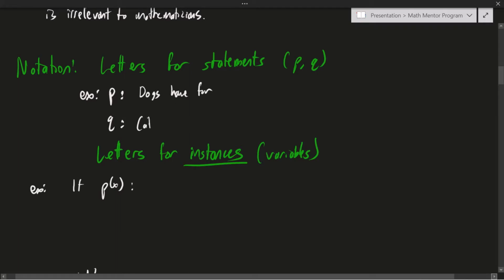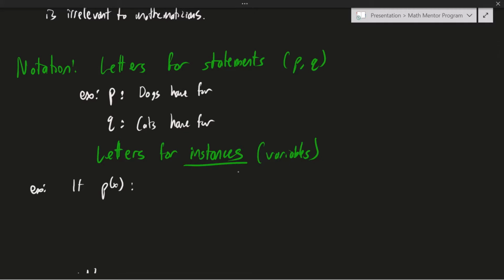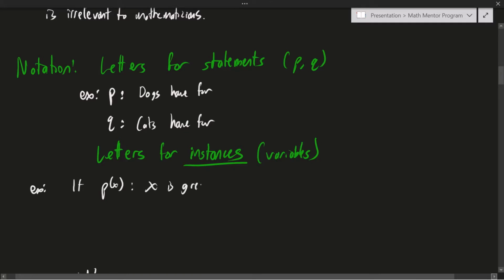We may also use letters for instances, and this is where it gets a little bit confusing. For the rest of this talk, we won't really talk about instances and these variables, but if P of x was the predicate, x is greater than 2, or we could rewrite this as x > 2 with the symbols, then we would have the situation that we had in the beginning where we had a predicate.